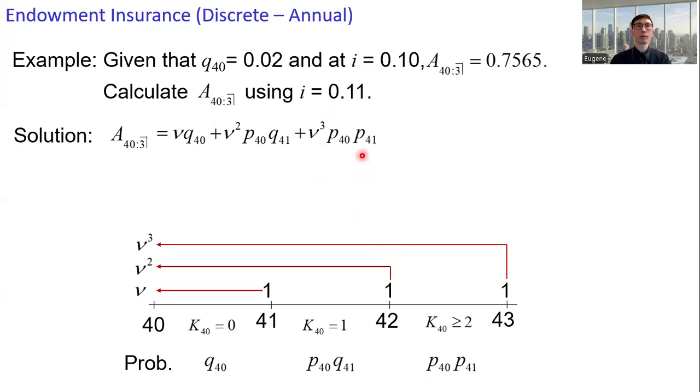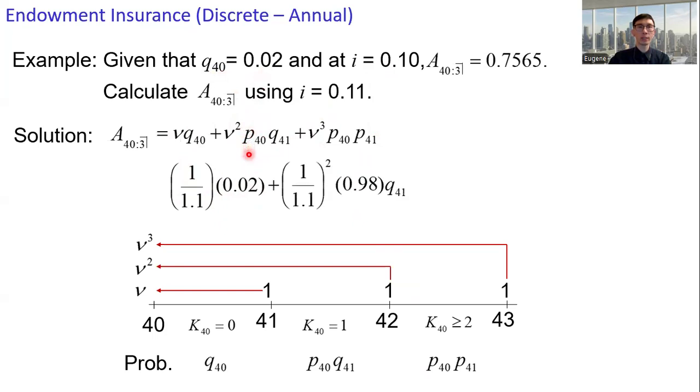Substitute the numbers. i is 0.1 and q_40 is 0.02. So we get the first term. The second term, we have q_40 0.02, and therefore p_40 is 0.98. And we don't know q_41.